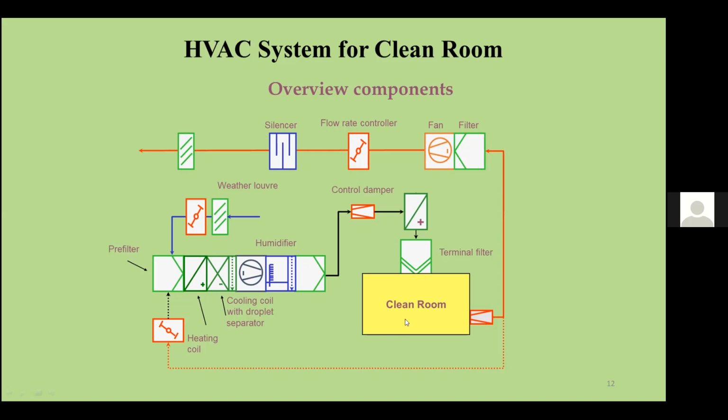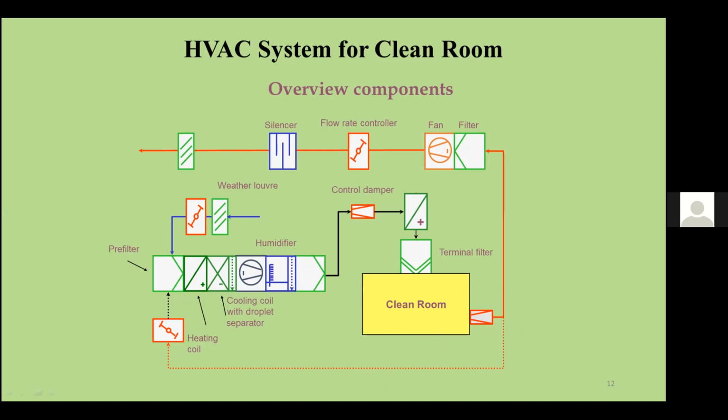And suppose some contamination is available in the clean room, this contamination is removed this way. Some contamination goes directly out to the environment, or in some cases it is filtered again. Suppose inside the clean room we are not using hazardous chemicals, and no one is available in the clean room.